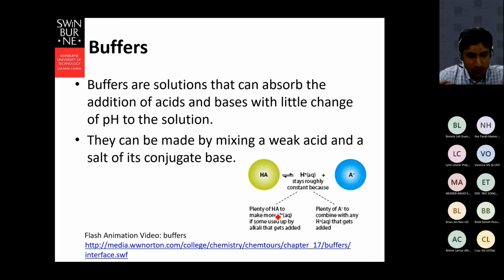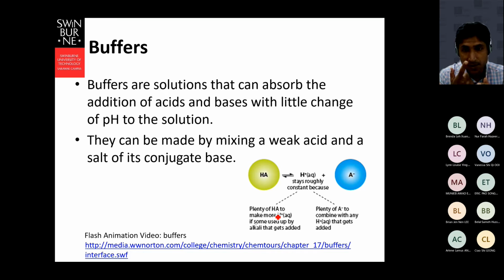There are a lot of things that we need to preserve in a solution for quite some time, and if the acidity changes, it will cause the substance to damage.